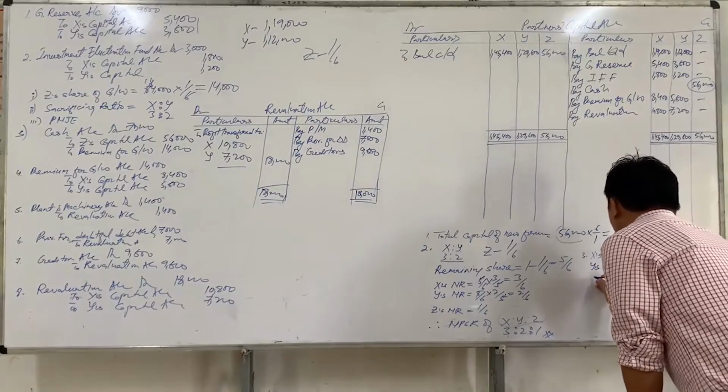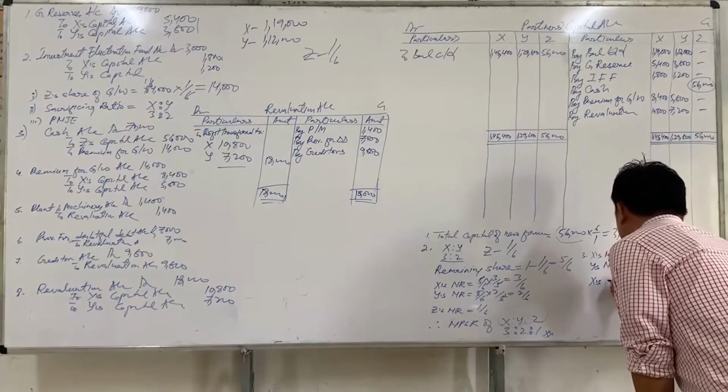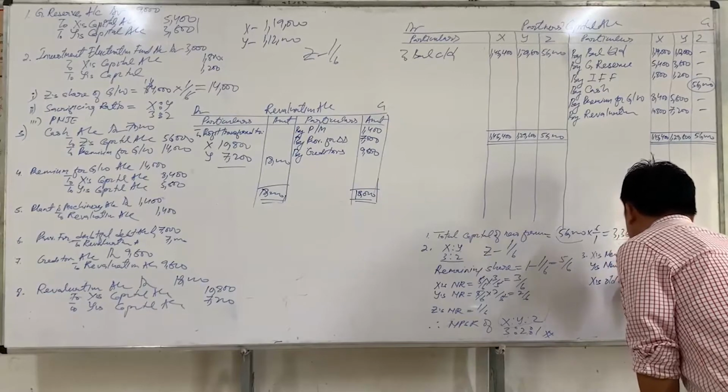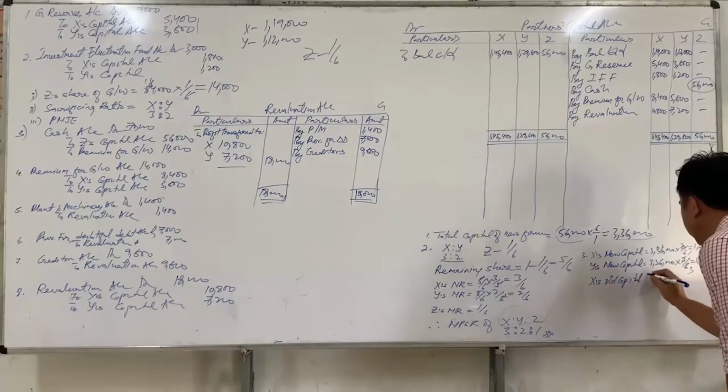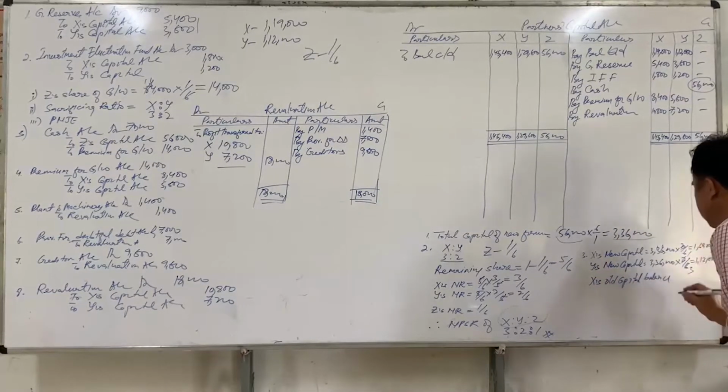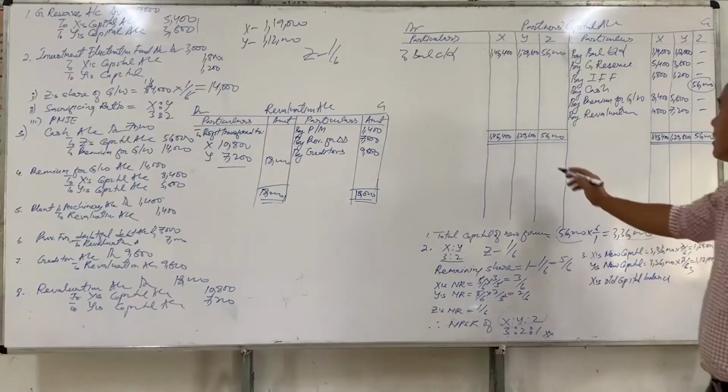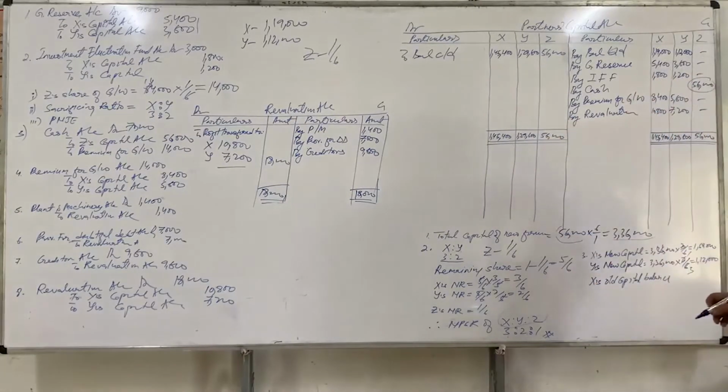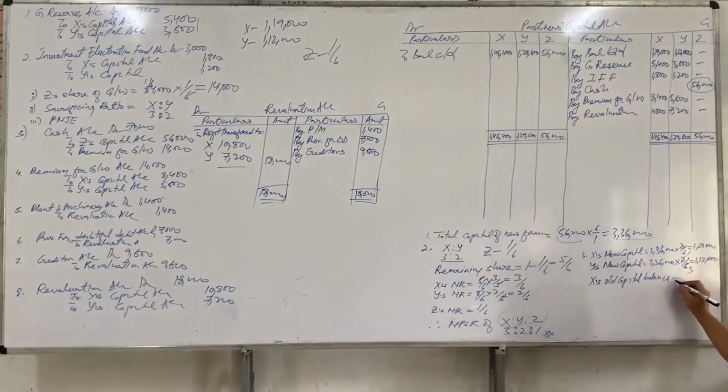Okay, now what is X's old capital balance? X's old capital balance is 1,45,400, which is already given.